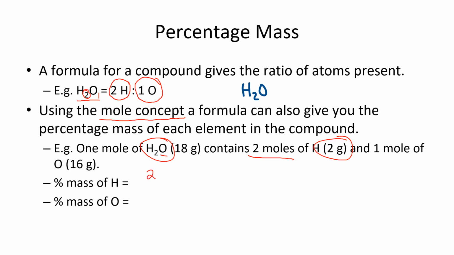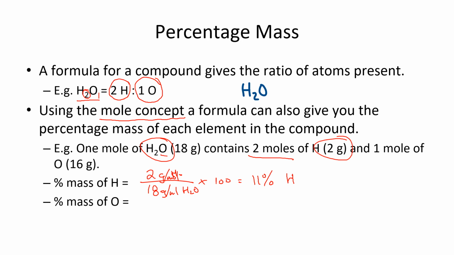So we can take our 2 grams, which is the hydrogen, and then we will divide that by the 18 grams per mole. And this is 18 grams per mole of water. And to make this a percentage, we'll multiply by 100. And let's see what we get for that. 2 divided by 18 equals, oh, look at that, 11%. 11% hydrogen.